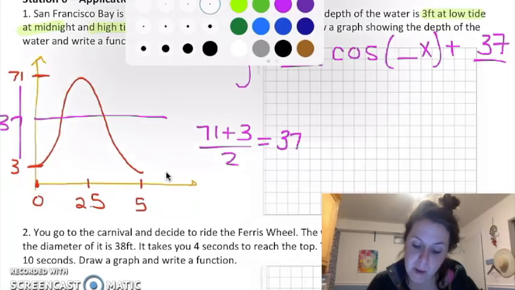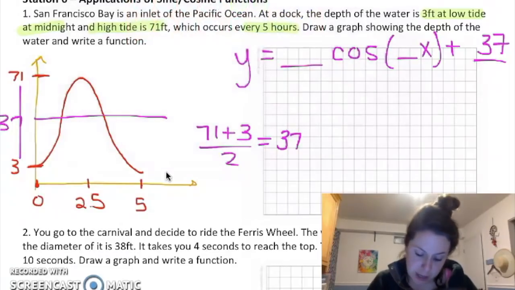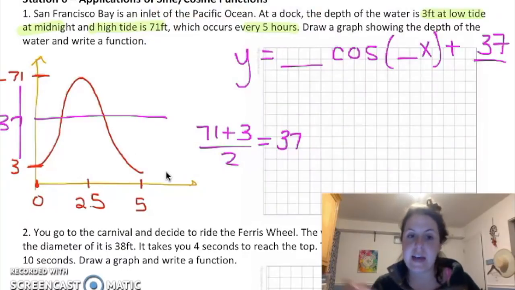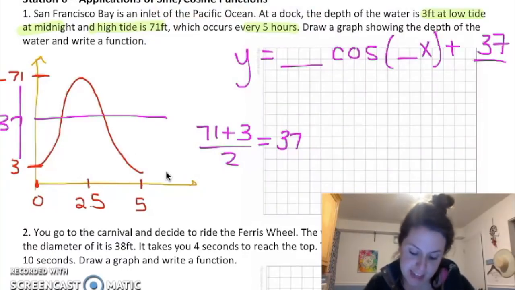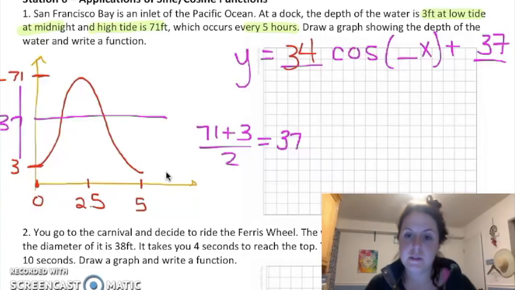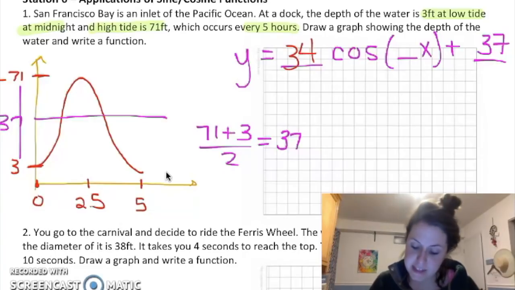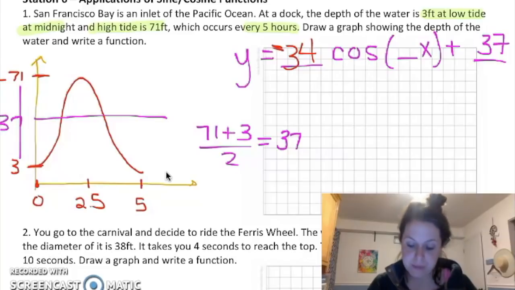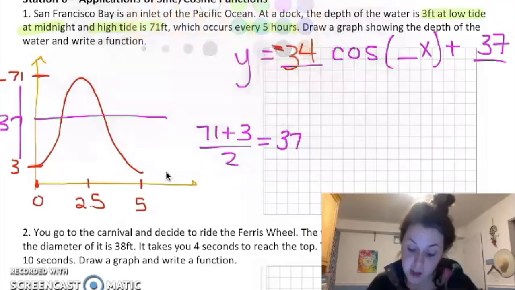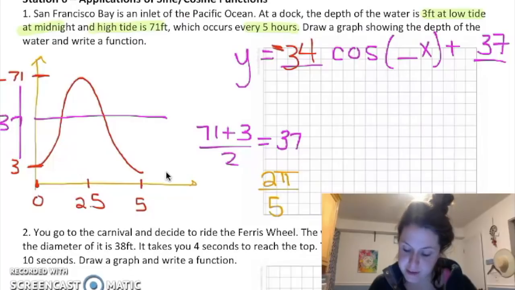Now, think about what that means for your amplitude, from the center to the top. From 37 to 41, that is going to be 34 there. This is a cosine curve that starts at its minimum, so that will be negative out front. And then I know that my period is 5, so the frequency will be 2 pi over 5.